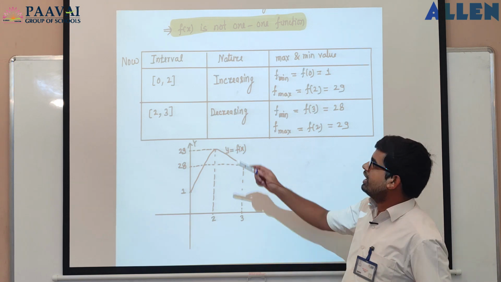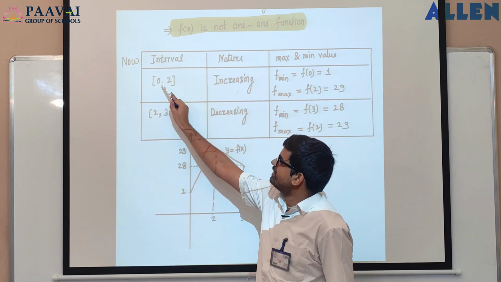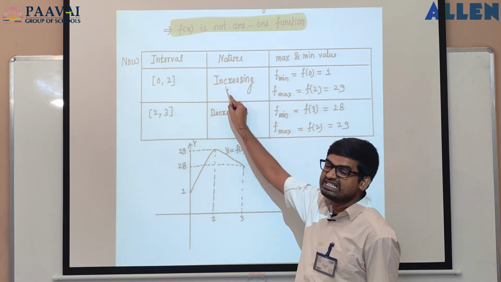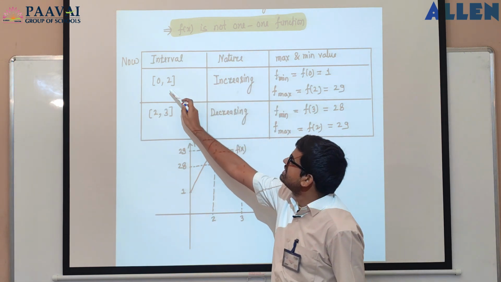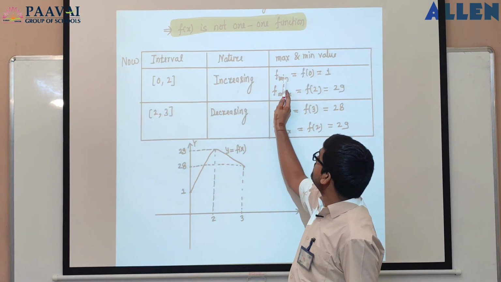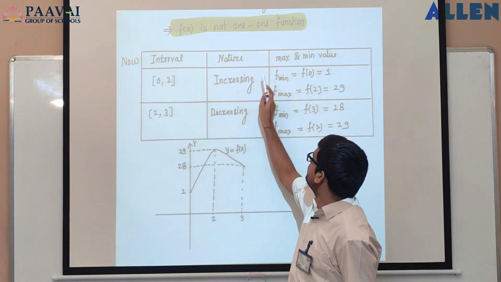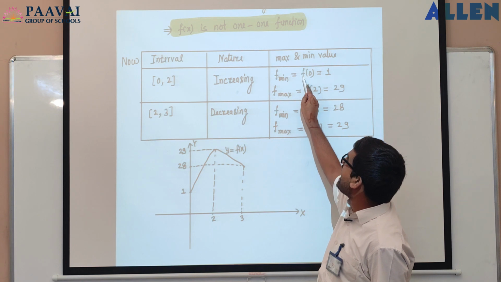As you have seen in the first part, in the interval 0 to 2 this function is increasing. So the minimum value would come at the starting point, that is 0, and the minimum value would be f(0).